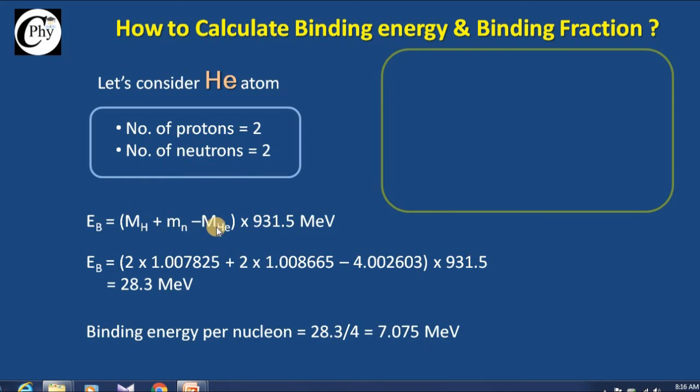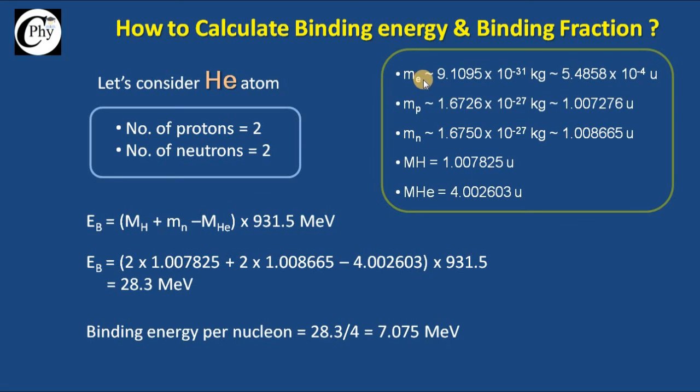We are doing so because the atomic mass of an atom already includes the mass of the electrons. The masses of the electron, proton, neutron, hydrogen atom and helium atom are given here. After calculations, we get the binding energy equal to 28.3 mega electron volt.